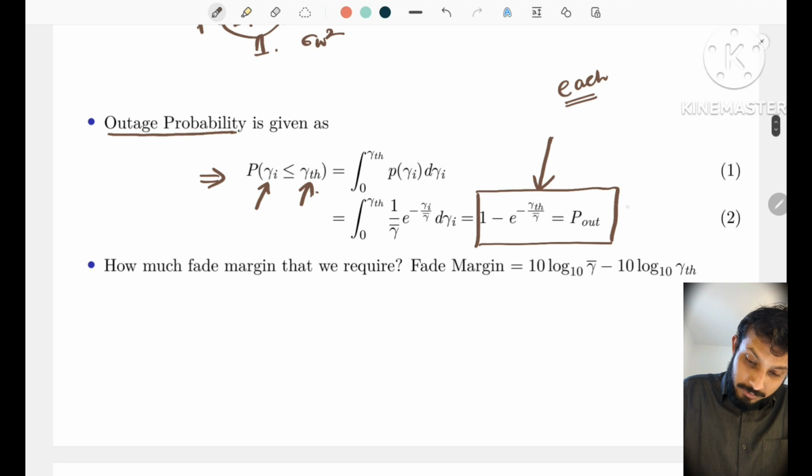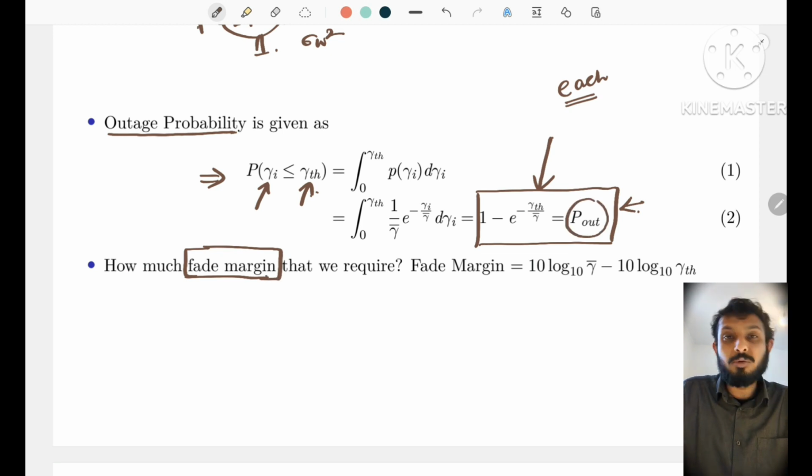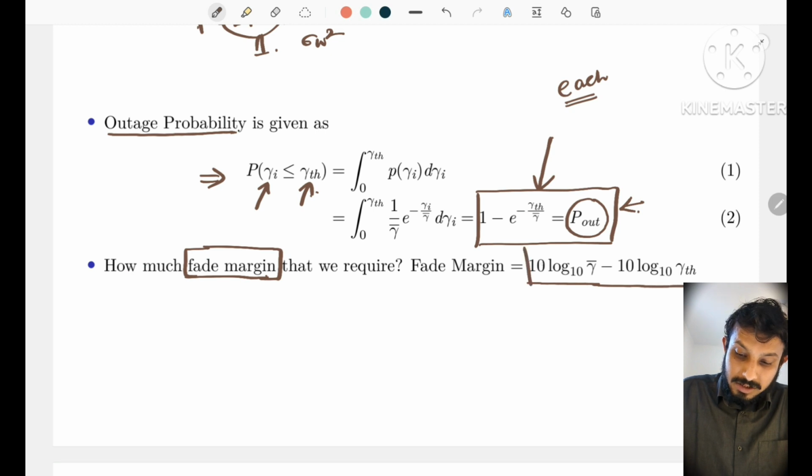From here, we can also compute the fade margin required if we need a desired outage probability, and this is given by 10 log 10 gamma bar minus 10 log 10 gamma TH.